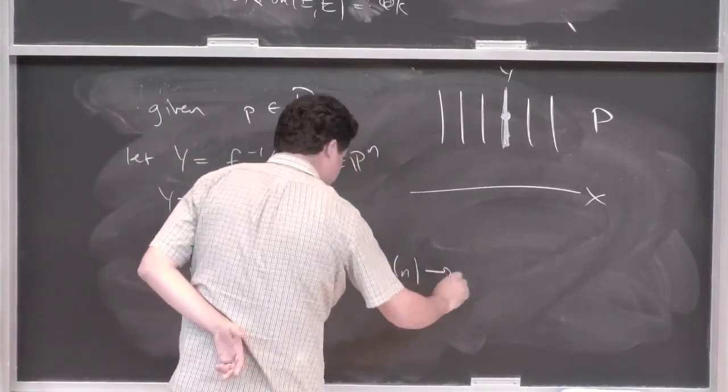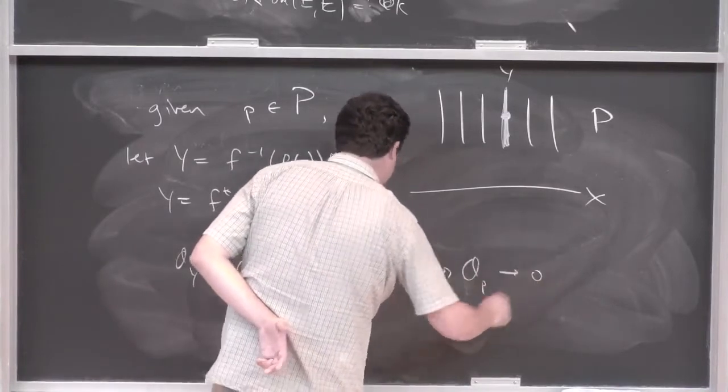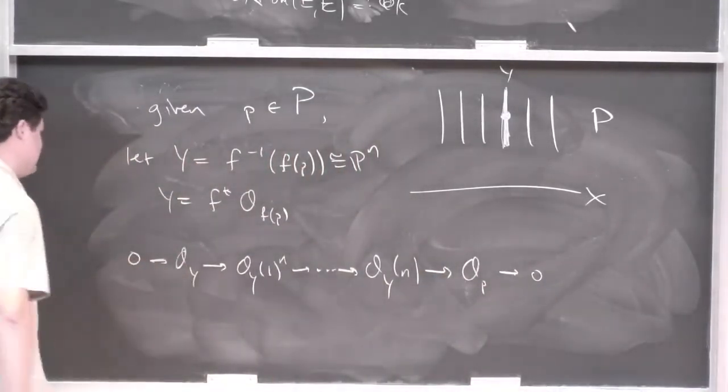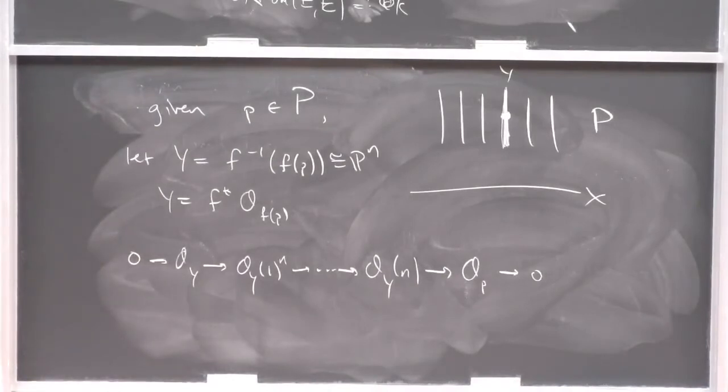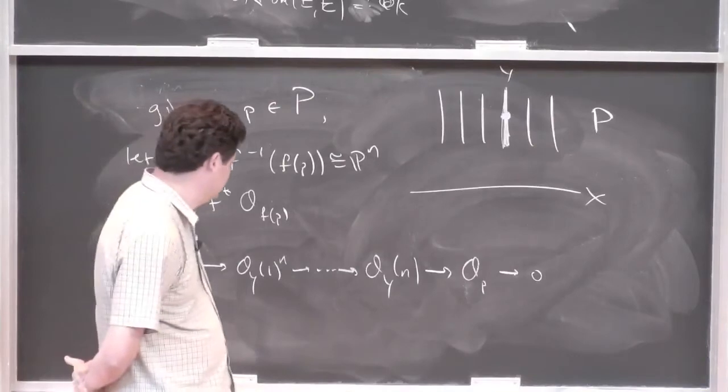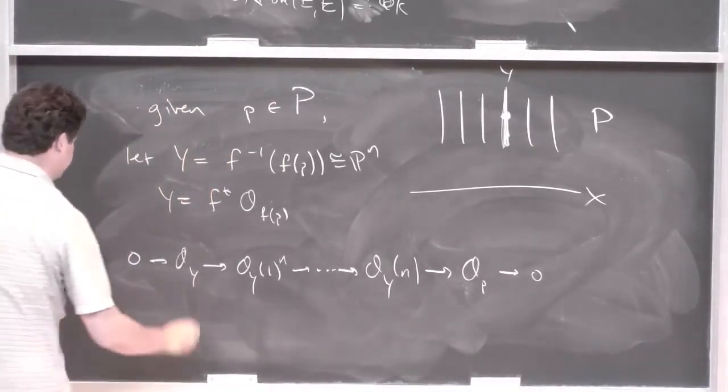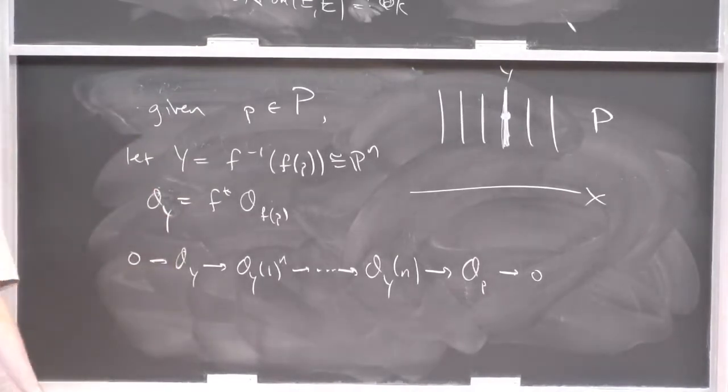We have this Koszul complex on that Pn fiber that gives us O of the point. Oh, yeah, sorry, O_Y. Thank you. So I have all the points downstairs, and so I can get O of all the fibers twisted by 1, twisted by 2, O of all the fibers twisted by n. And from that, I can generate all the points in the fibers.